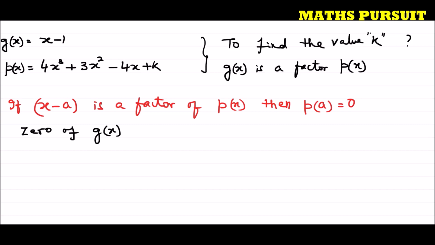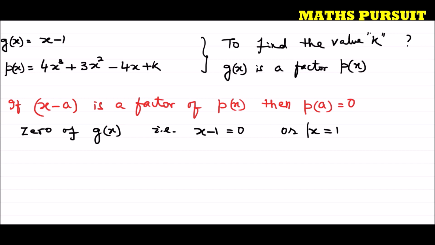The zero of g(x): I can write x minus 1 is equal to 0, or x is equal to 1, just moving minus 1 from the left side to the right side.